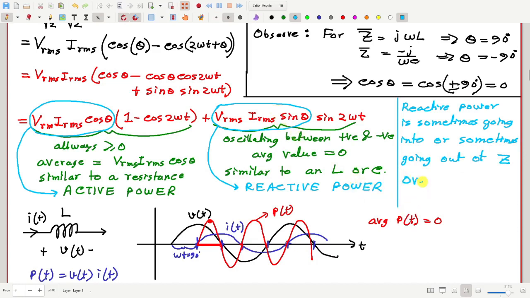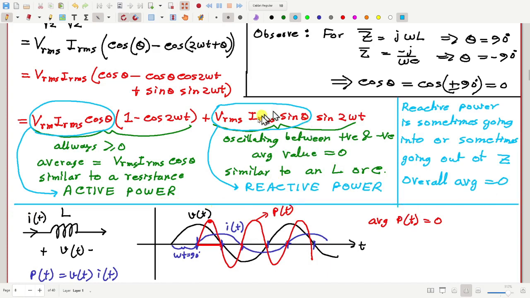So the overall average is equal to 0. That is the property of the reactive component of this power, whereas active power is always greater than or equal to 0.